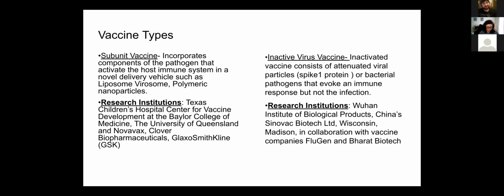So basically for these, like the University of Queensland and Novavax, Clover Biopharmaceuticals, and GlaxoSmithKline, they all have a sort of similarity in the way that they're doing their vaccines. Their signature products are basically made on the vehicle and what they have besides the spike 1 protein or the domain.